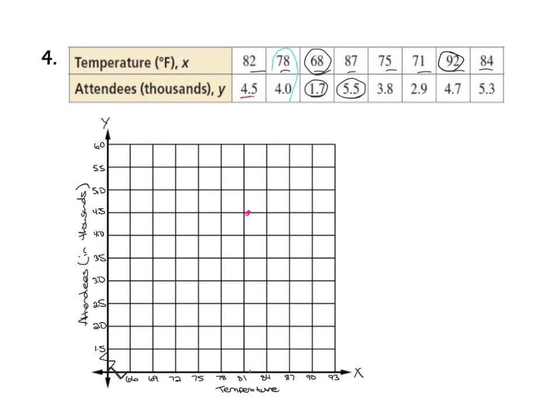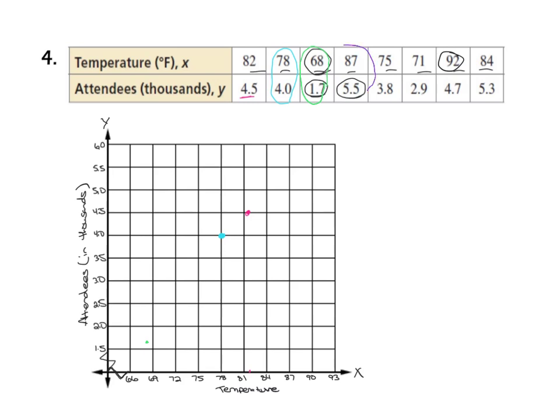Okay, so I'm plotting this pair now. The temperature is 78 degrees, and the attendees are 4.0. And then the temperature is 68 degrees, and the attendees is 1.7. So that's somewhere around here.